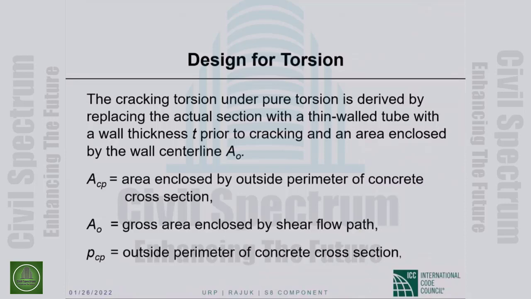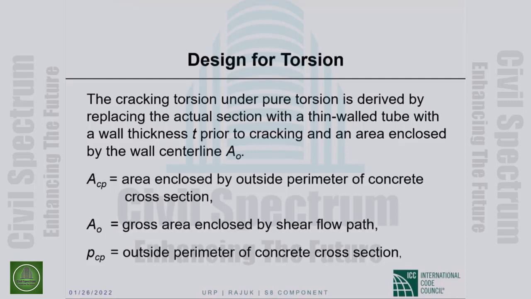The cracking torsion under pure torsion, meaning no bending moment and no shear to go with it, is derived by replacing the actual section with a thin-wall tube with a wall thickness t prior to cracking and an area enclosed by the wall center line that is equal to A sub 0.